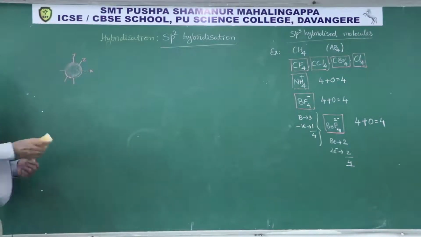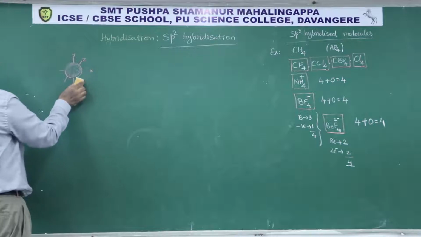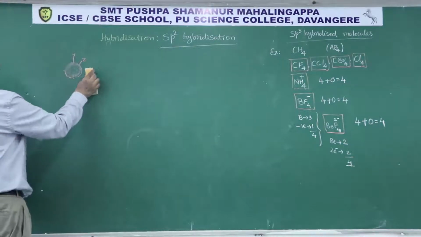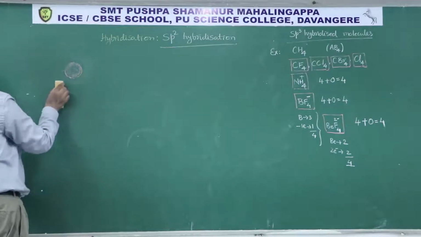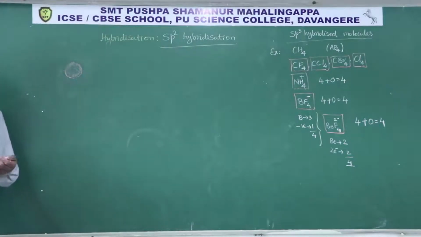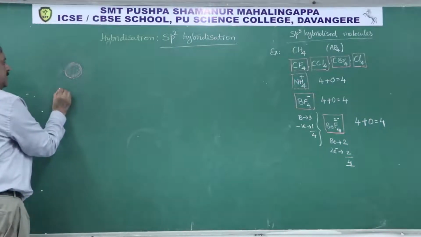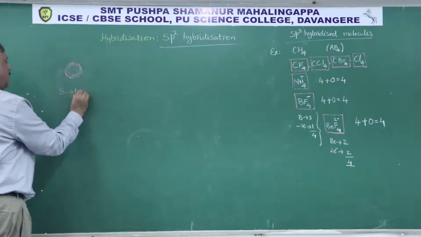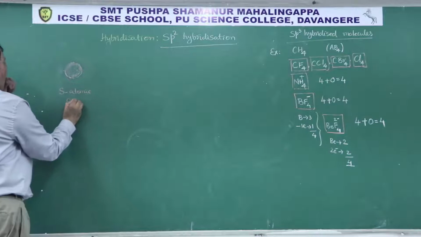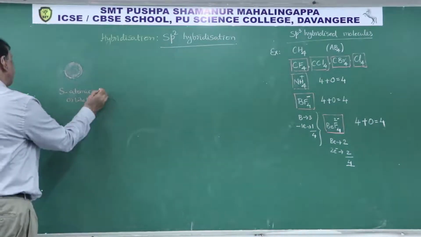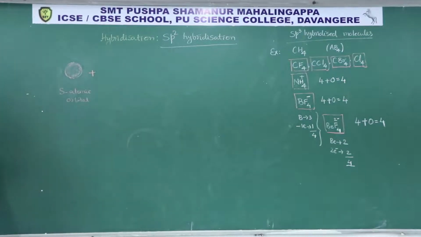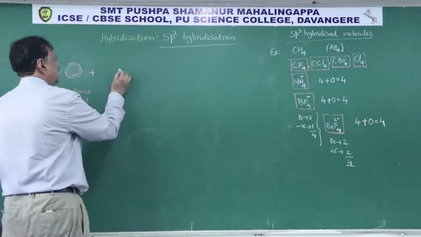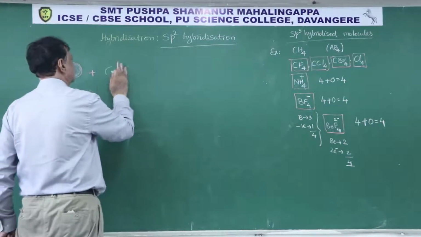But a sphere has no direction. This is the s atomic orbital, plus two p atomic orbitals.